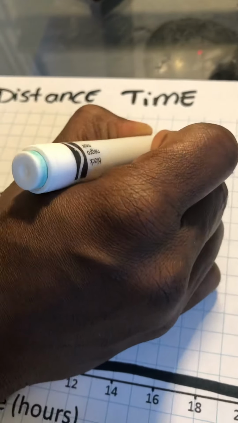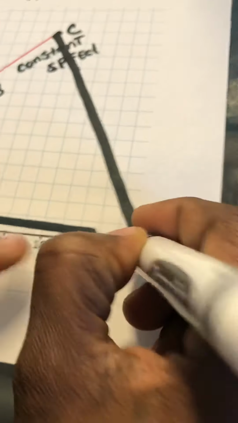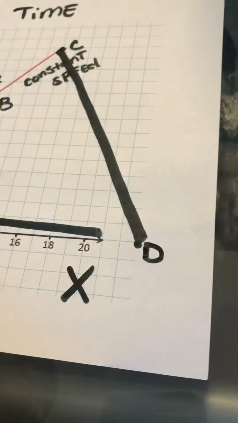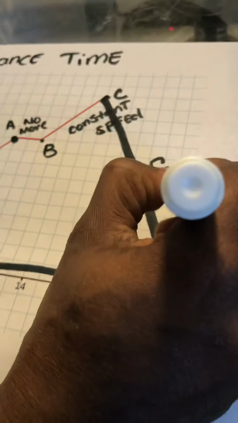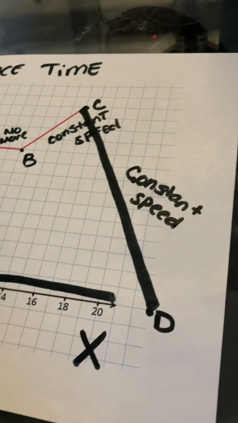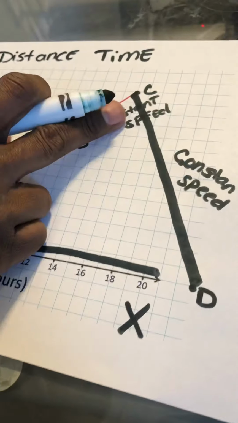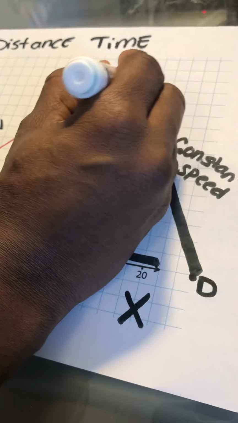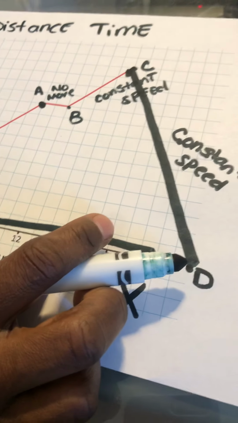From point C to point D, this line is also going to show a constant speed. Although the speed is changing, it changed from this speed here at point C. It is constant as it goes down to D.